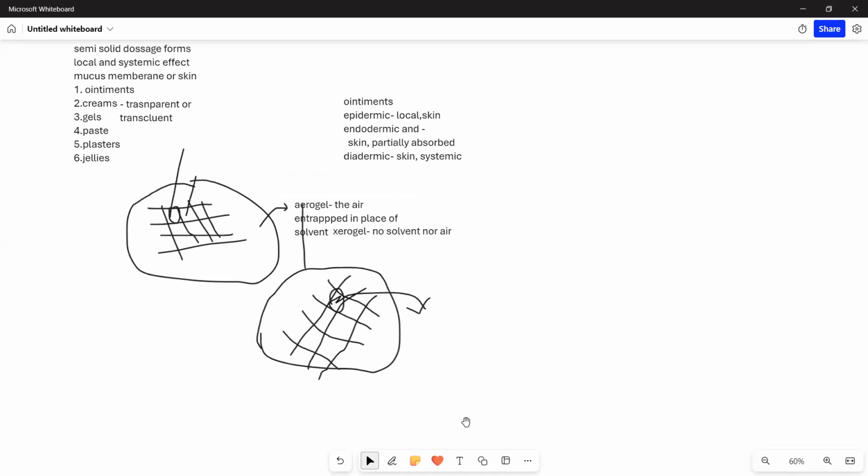Next, the polymer which is used in the preparation of the gel: does it get dissolved or does it swell? In gel, we use the hydrophilic. Let me create an MCQ for you. In the preparation of gel, which polymer is used?